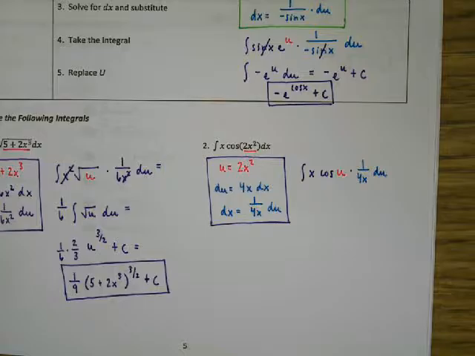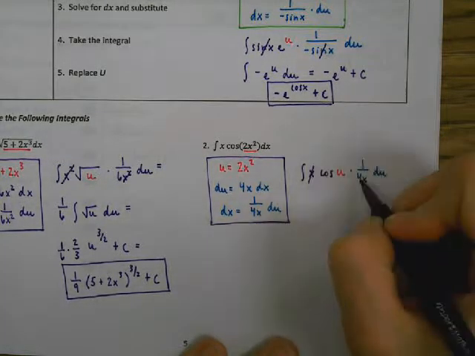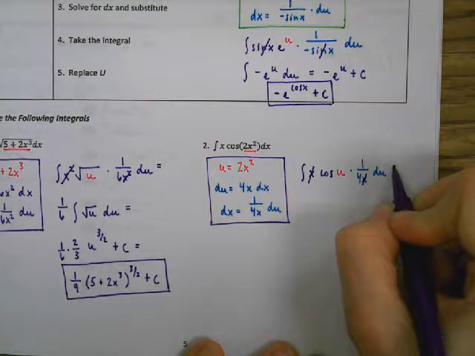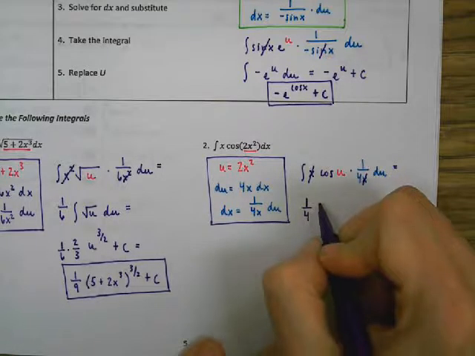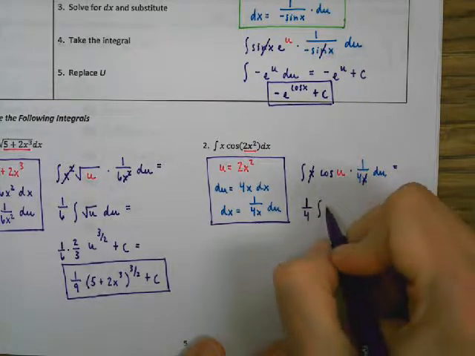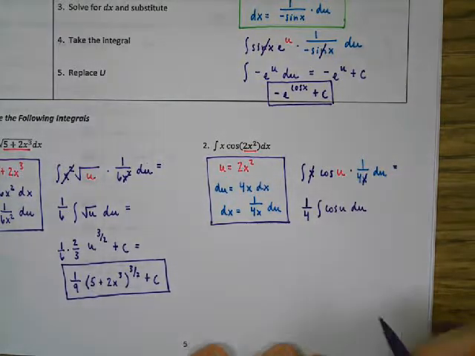Again, we're hoping that something's going to cancel here, and by that something I mean our x's, and here they do. This x is going to cancel with this x. I'm going to pull my 1/4 out front. So I have 1/4 times the integral of cosine of u du.